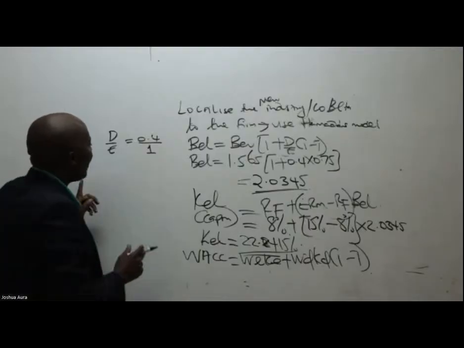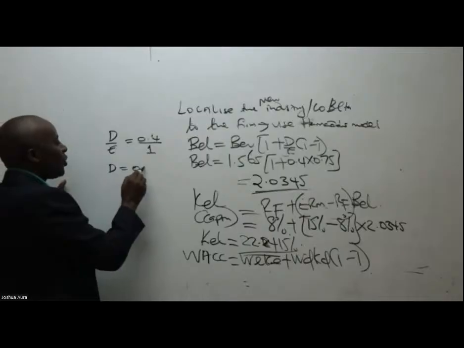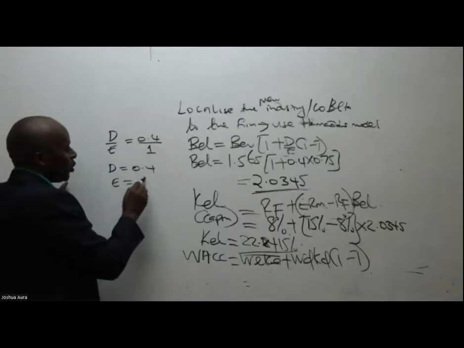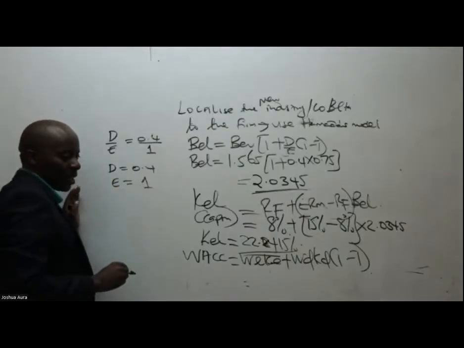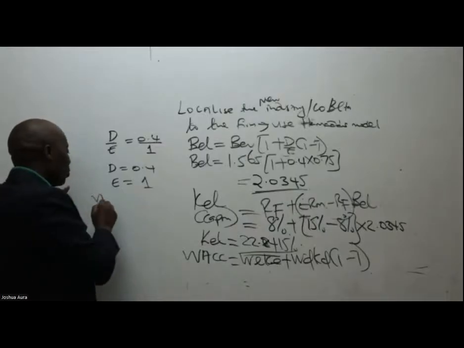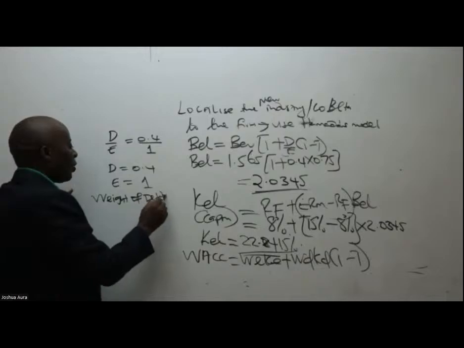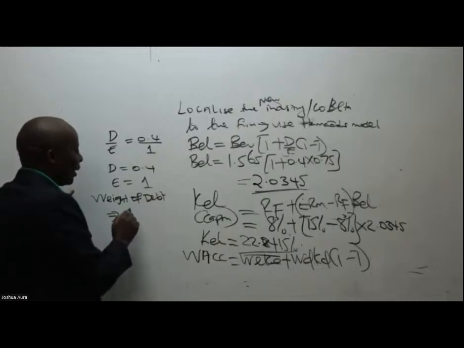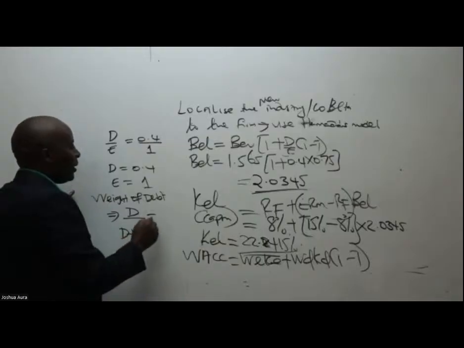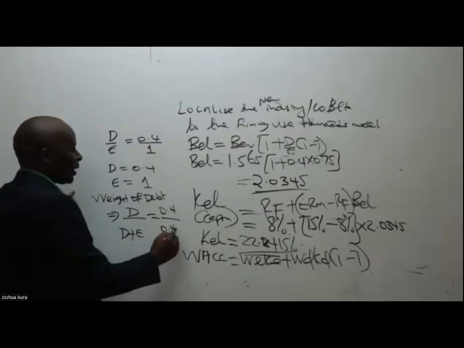So you're saying that debt, in short, is 0.4 and equity, in short, is 1. And when you want us to get weight of debt, it will be debt over debt plus equity. Debt is 0.4 over 0.4 debt plus equity, which is 1, like that.